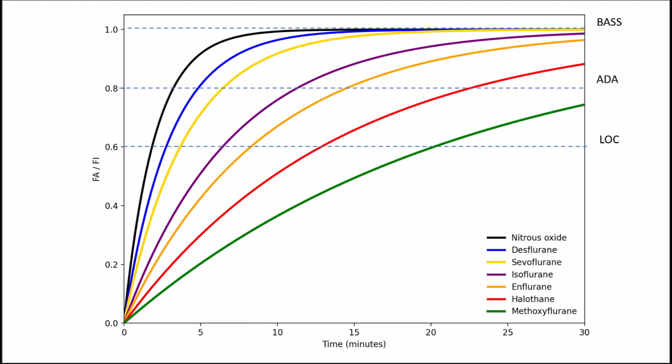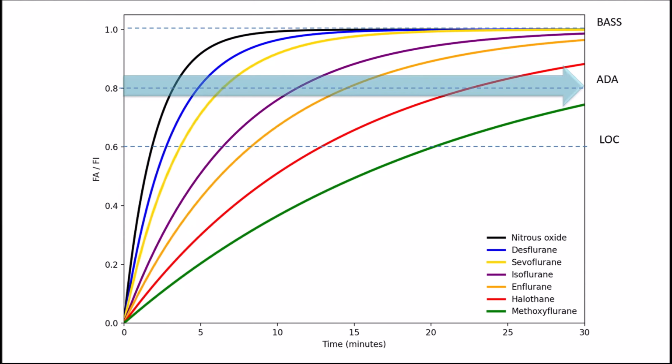Note that nitrous oxide can never give general anesthesia alone. We'll discuss that in a later tutorial, but it does have a high blood gas partition coefficient. The less soluble agents hug the y-axis due to their low blood gas partition coefficient, and they achieve adequate depth of anesthesia rapidly.